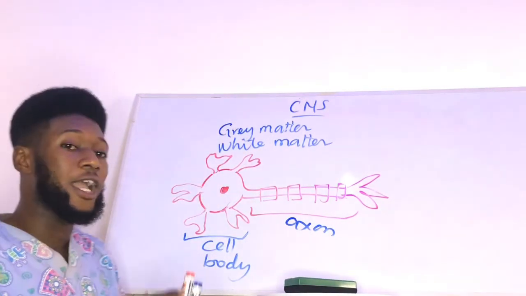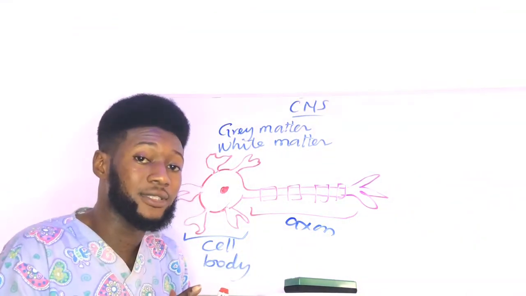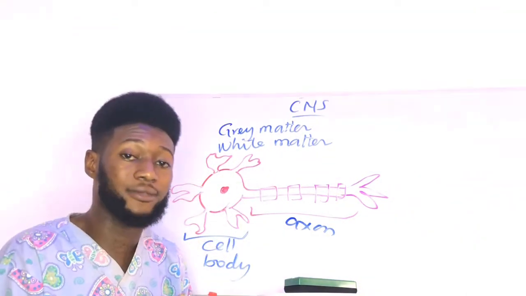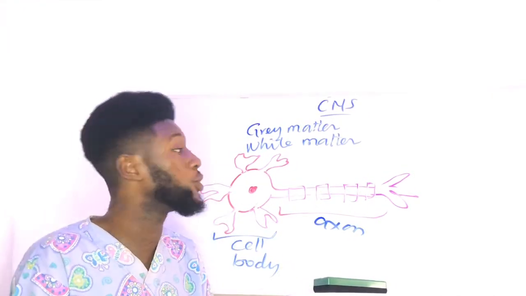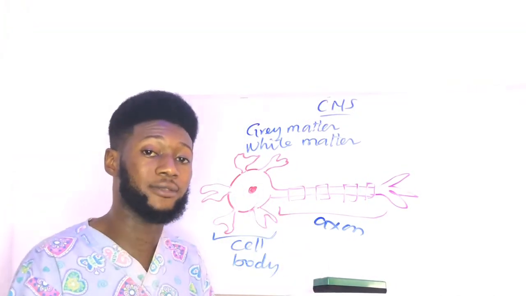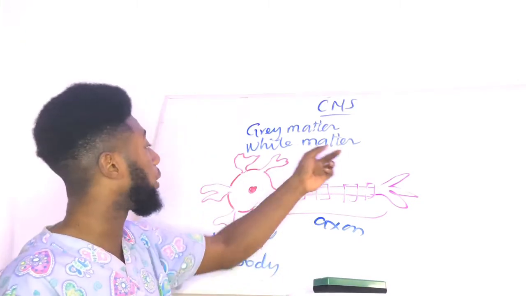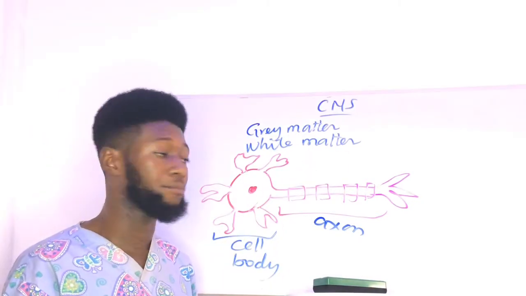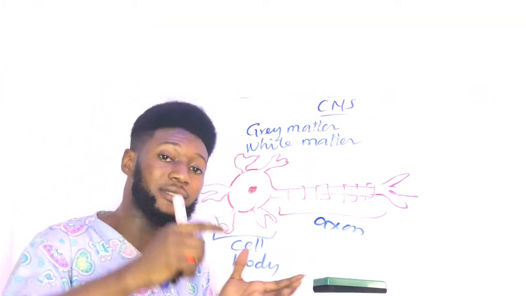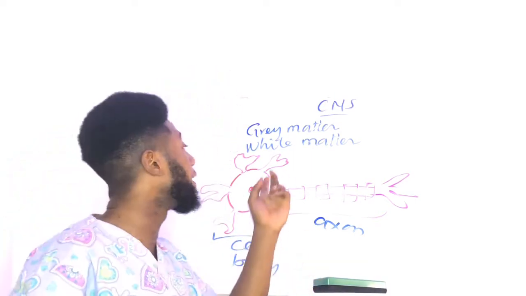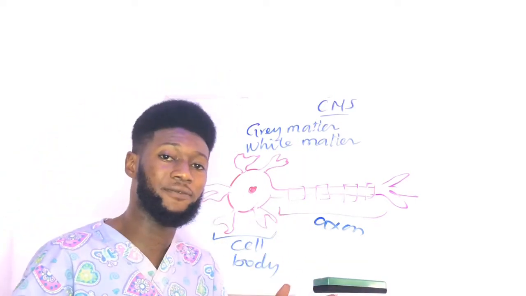A collection of the axons, a group of the axons, is what is referred to as white matter. I don't think it's difficult.